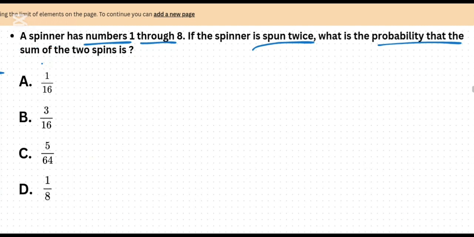There is a mistake in the question. The sum is 9, right? In the question there is a sum of 9. Okay, so firstly we will find the possible pairs for a sum of 9.